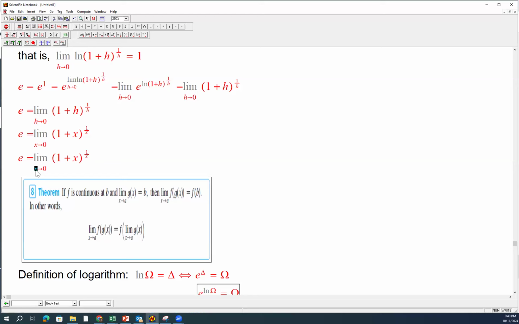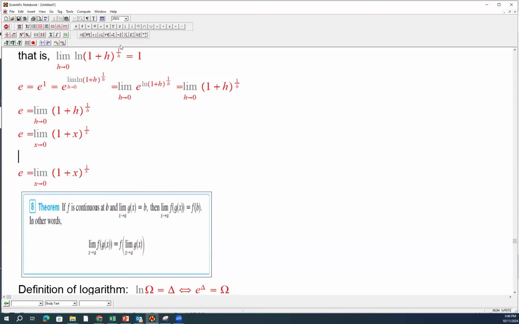So we'll replace x by 1 over n. We're going to let x be 1 over n, and n approaches infinity. In that case, 1 over n can replace x.